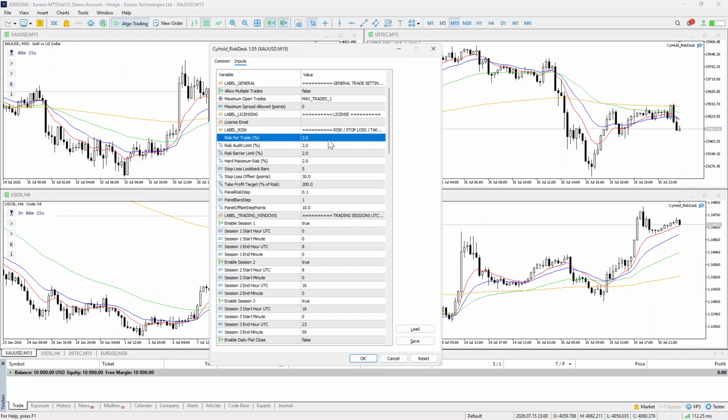Maybe some system can have wrong data in the middle of the way, and the risk should be, for example, 1%, and it goes to 100%. And instead of opening one lot, it opens 100 lots.